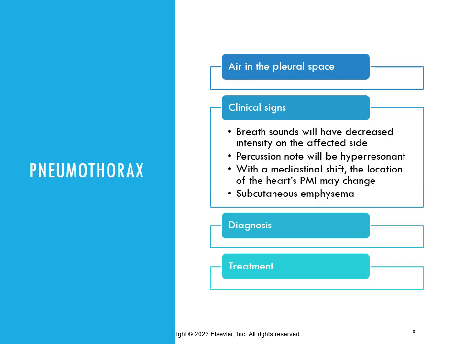So how do you diagnose this? On examination, breath sounds may be decreased on the affected side. However, if you percuss it, it will be hyperresonant or tympanic, very high-pitched, like tapping on a drum. If it is a tension pneumothorax, which is life-threatening, just don't forget about that.